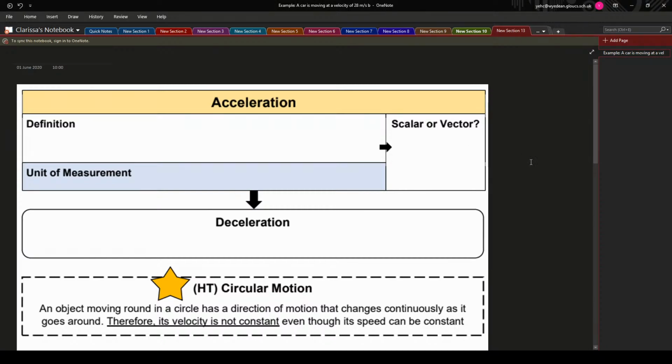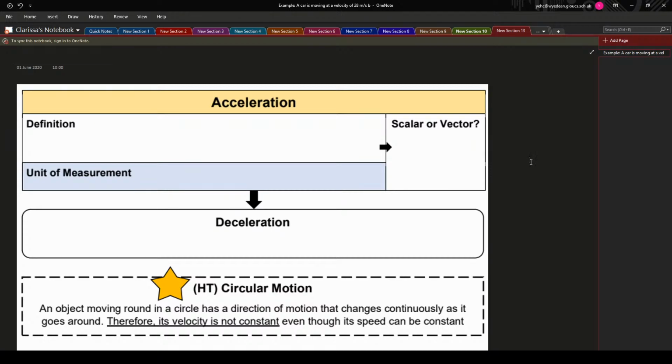But first we have to define it. The word acceleration or accelerate is a common word you may have heard before, whether you're accelerating or decelerating. These words are also in common language, not just limited to physics.